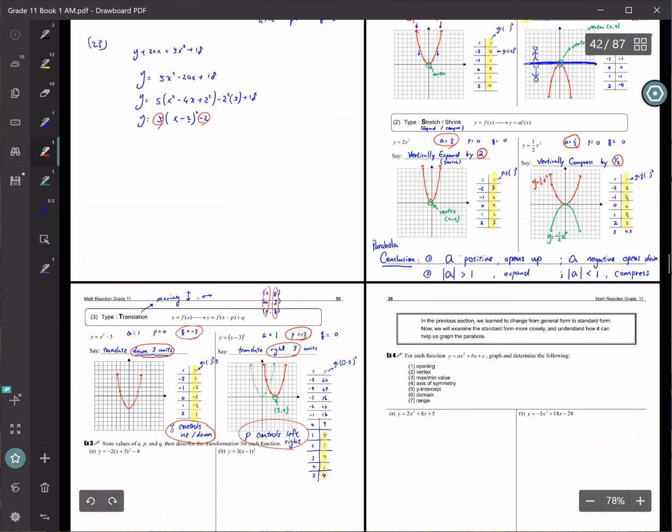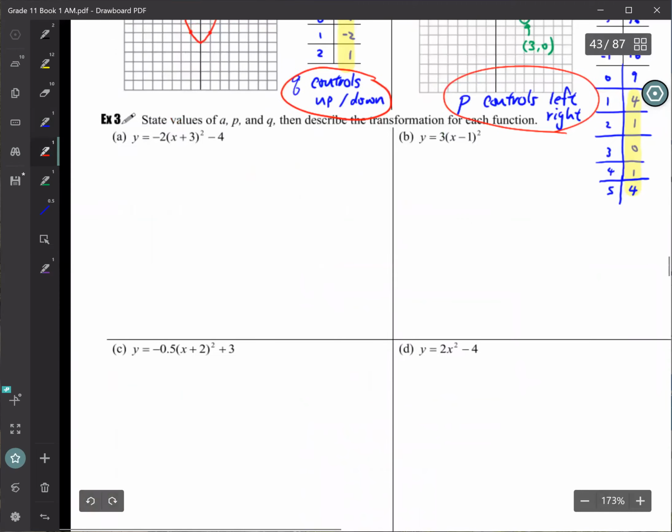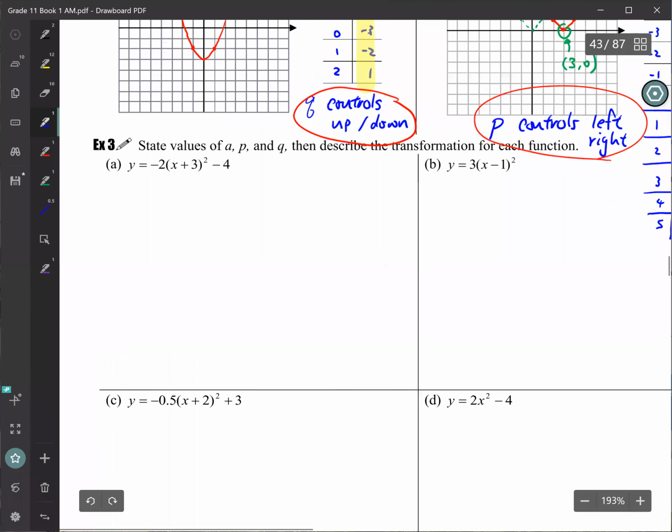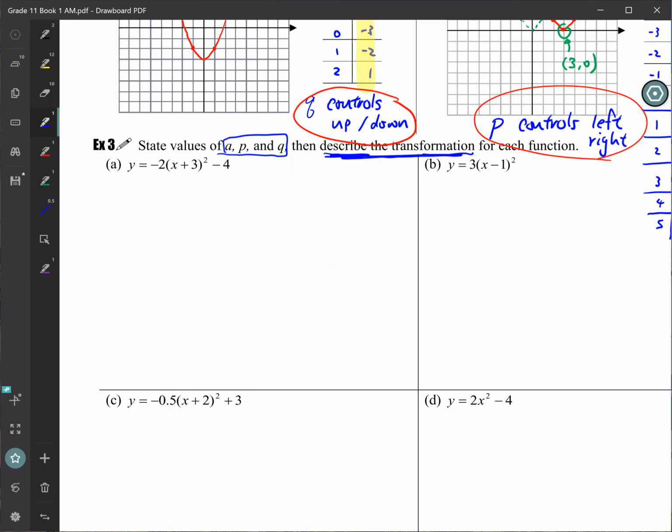So let's try a few questions now. For each one of them here, first thing, state the values of A, P, Q. Then describe the transformation. Describe means you describe the R, the S, and the T. What kind of reflection you have, whether it opens up or down.